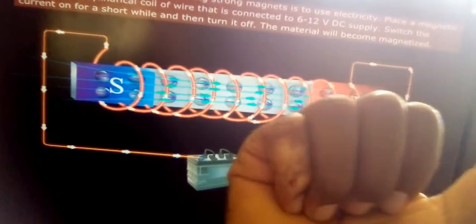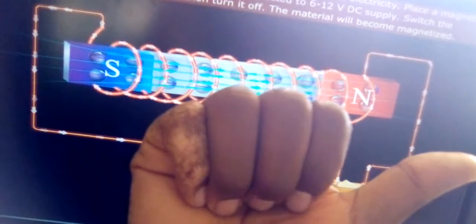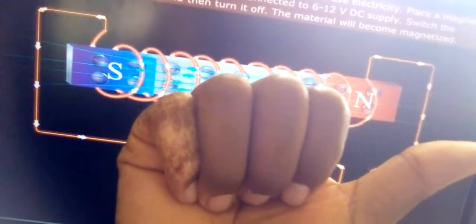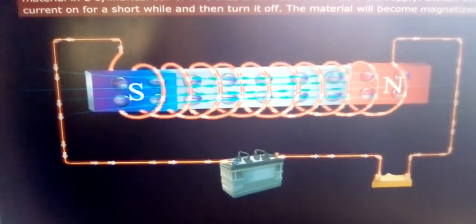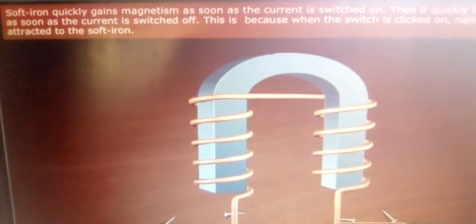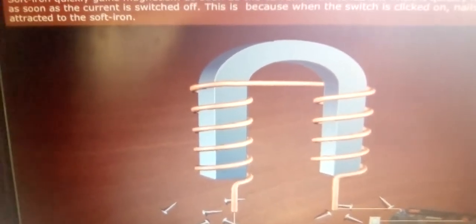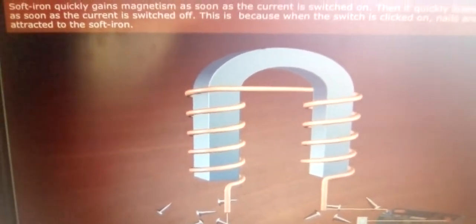So here, as the way the current is flowing, the thumb is pointing in the north direction and the fingers are pointing in the direction of current. Remember, we have said when current flows, it creates a magnetic field around it in a conductor or a coil.